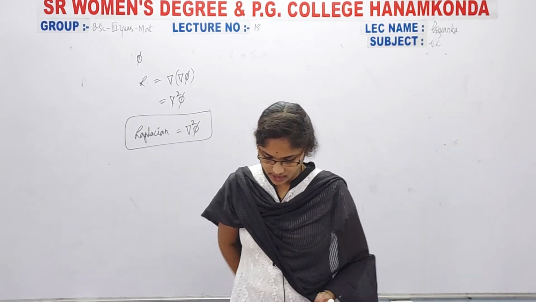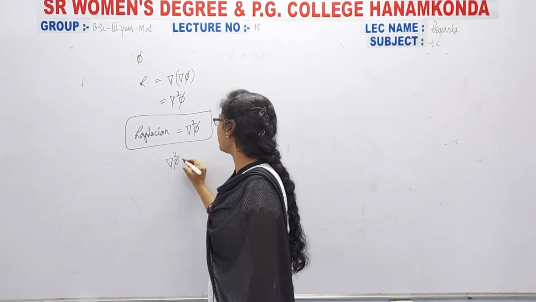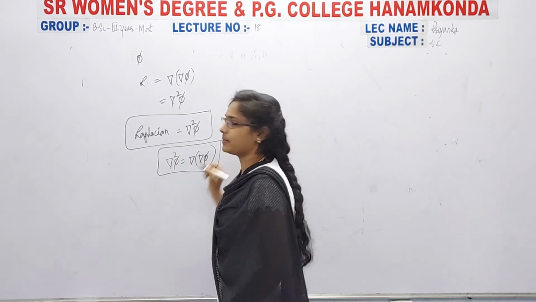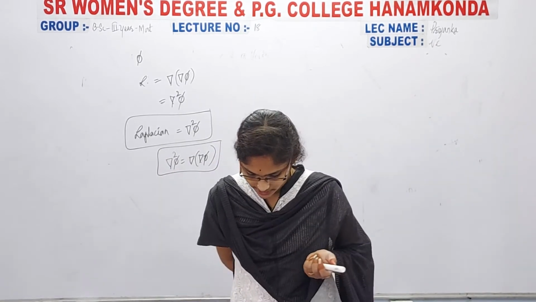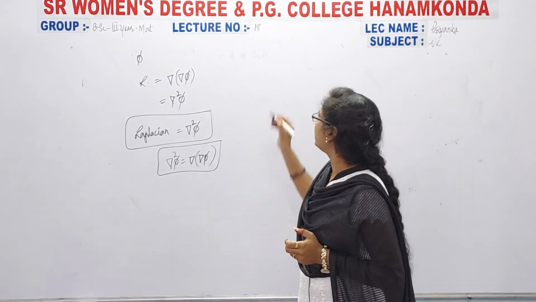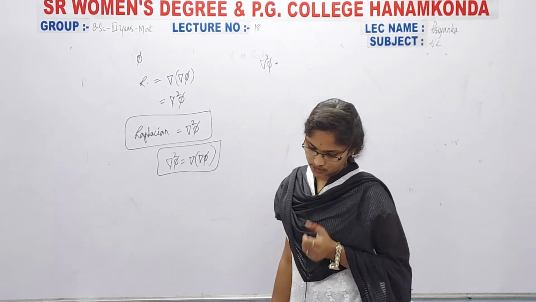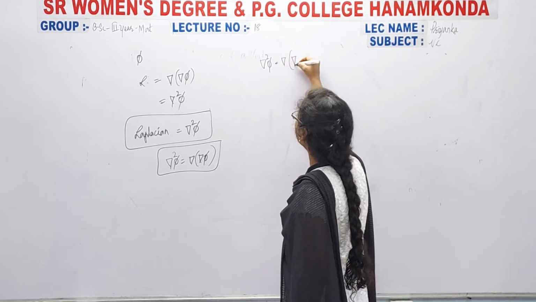Okay, del square pi. We know that del square pi is equal to del of del pi. Write in another bracket. Okay, so then next, write down the next line, del square pi is equal to, simply try to understand, del of del pi.